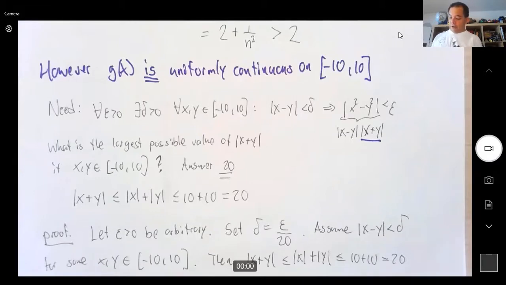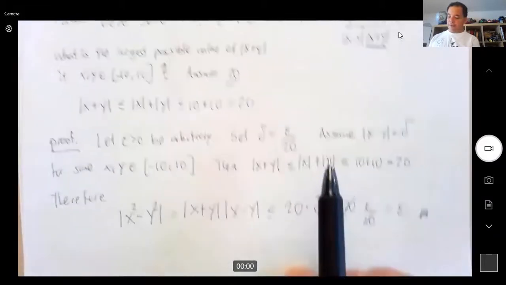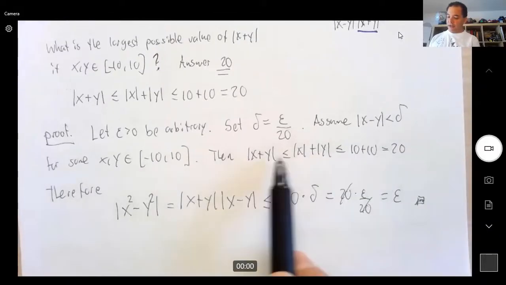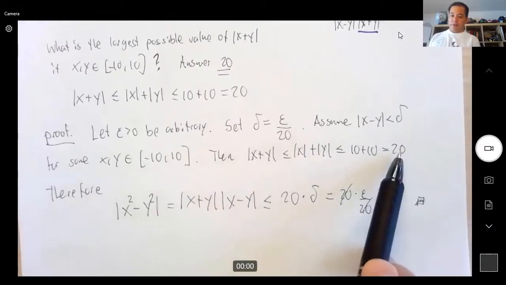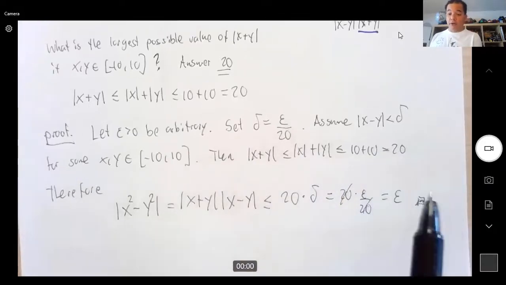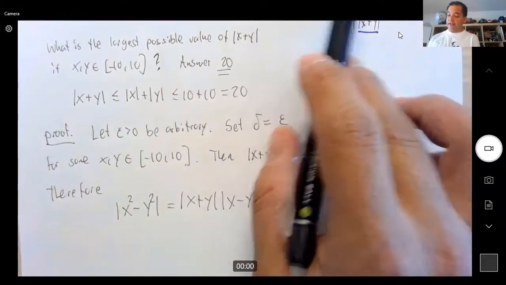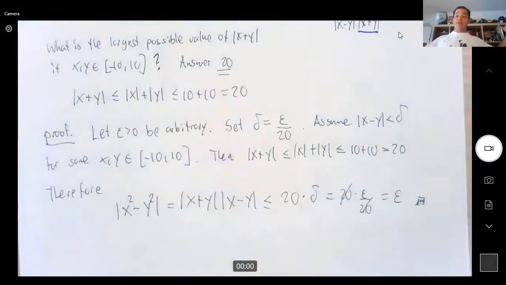The only difference is that instead of using 20, I'm going to need to use 2000. But it's still a constant, so it's going to work. So if you pick a really, really big interval, it works. But if you pick all the real numbers, it doesn't work. So it's important for your interval to be bounded.